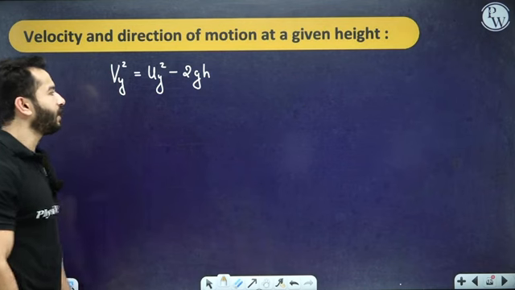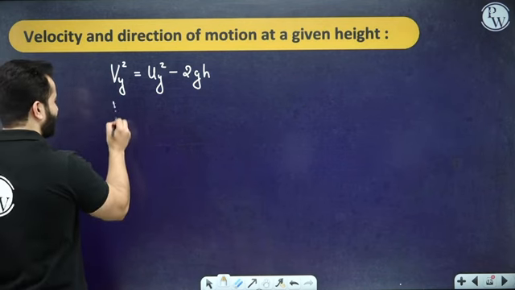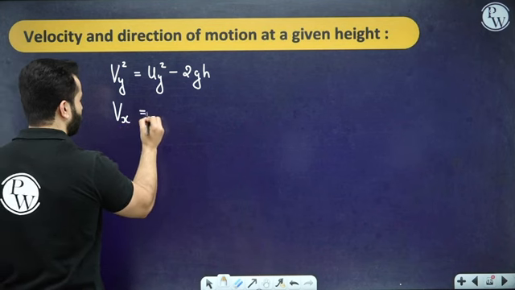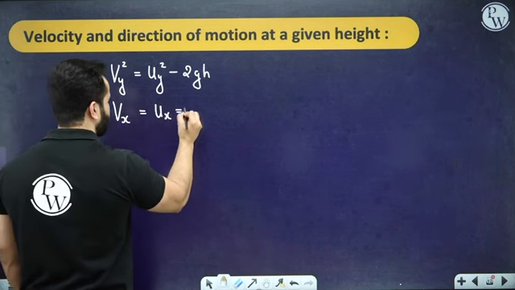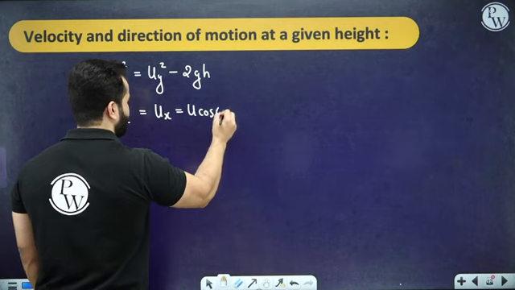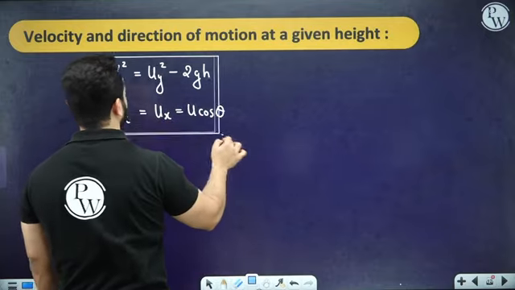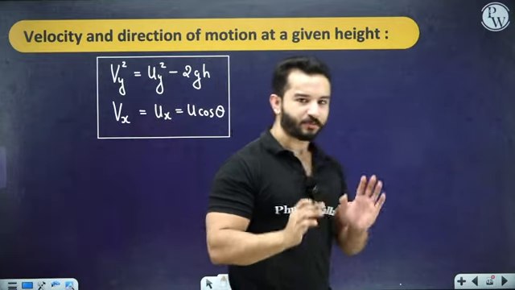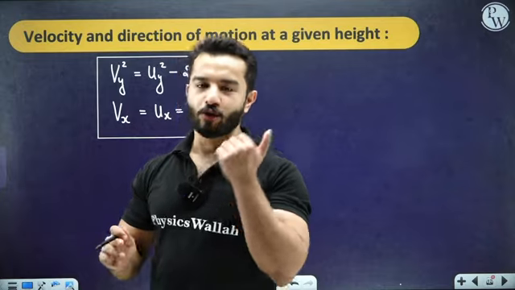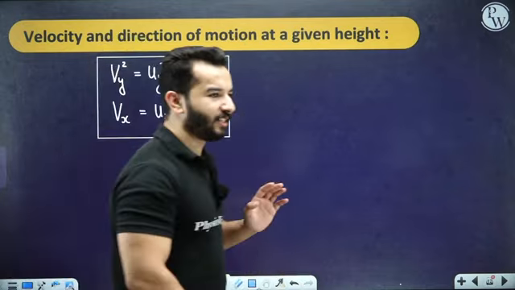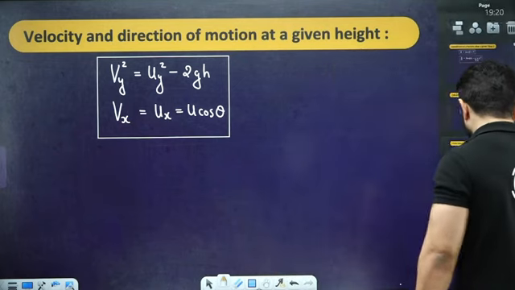For Vx, again, you don't have to worry about it. It will be just ux, that is u cos theta. And you repeat the same thing. I'm not again and again drawing the vector diagrams. It's just how you use the equations of kinematics. That's it, pretty easy.